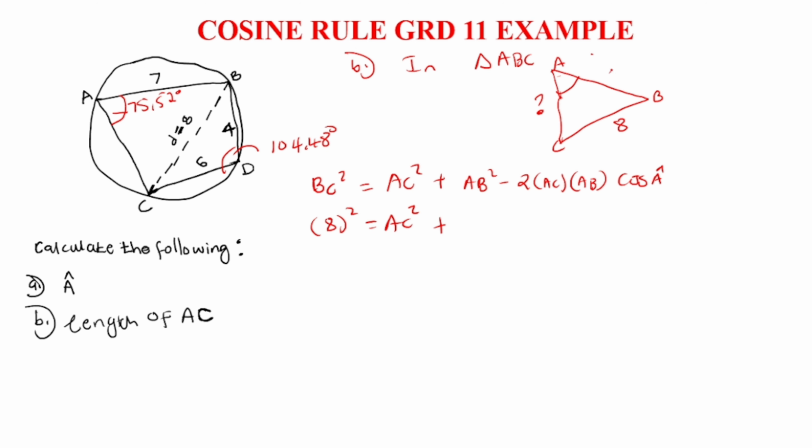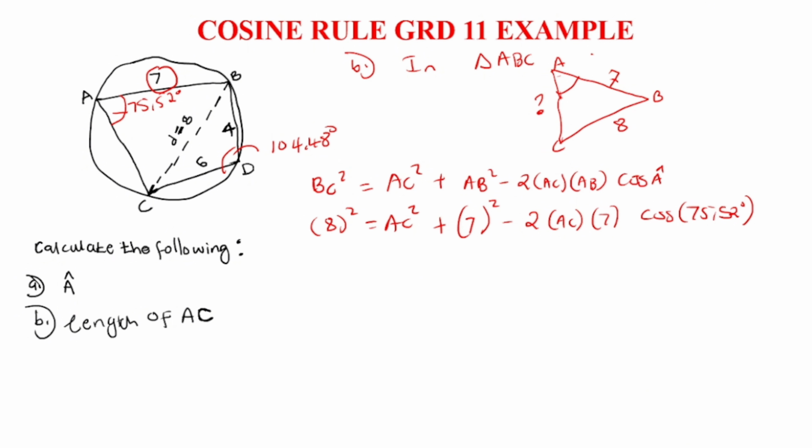We're given AB in the equation. There it is, AB, it's 7. So it's going to be 7 squared minus 2 times AC times AB times cos 75.52.